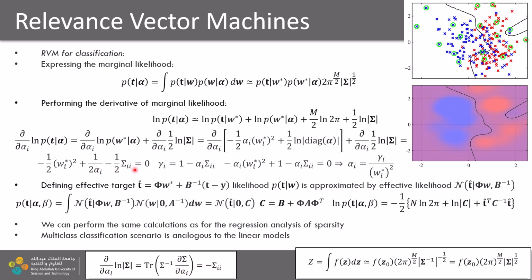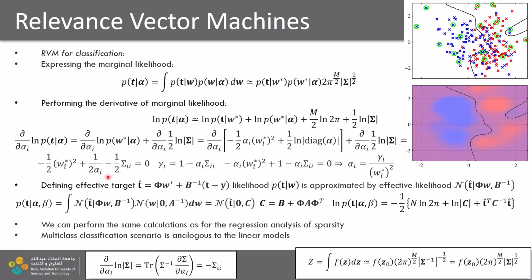And if we set it to 0, because we are trying to find the maximum of this logarithm, and also if we set this gamma I to be 1 minus alpha I sigma ii, then in this formulation we just multiplied alpha I with the whole equation, so we end up with alpha I here and here.